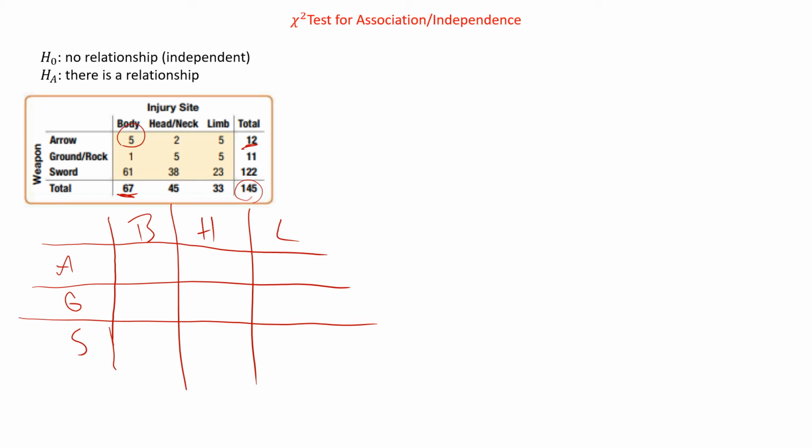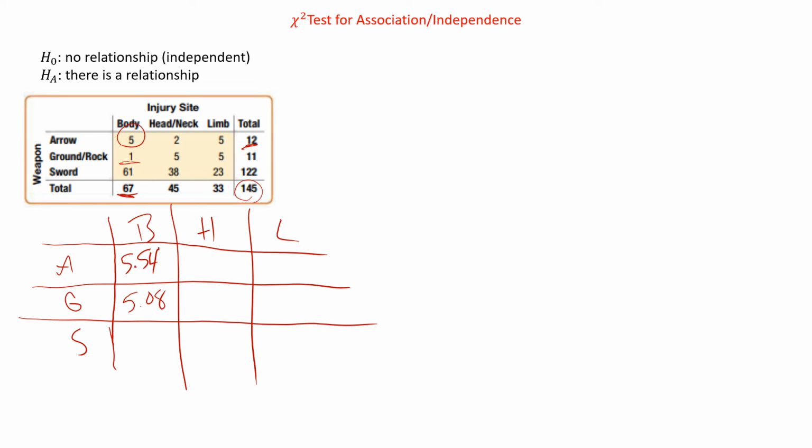So it's 67 times 12 divided by 145, and we come up with 5.54. And then we go 67 times 11 divided by 145 to get that one, which is 5.08.